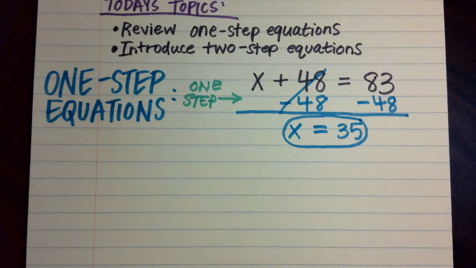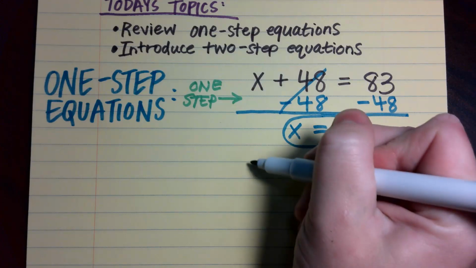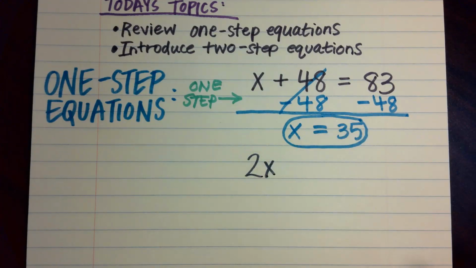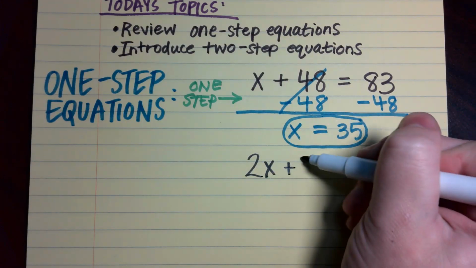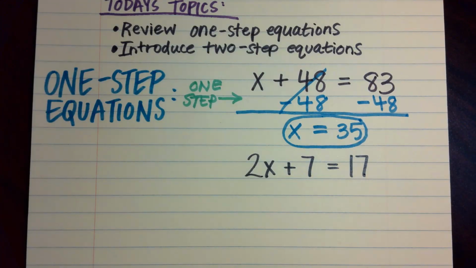But what if I had an equation like this? What if I had 2x plus 7 equals 17? So I'm going to label this two-step equations.